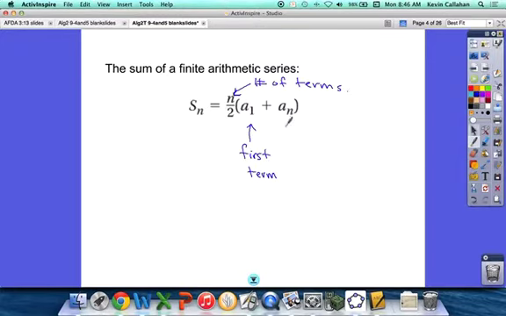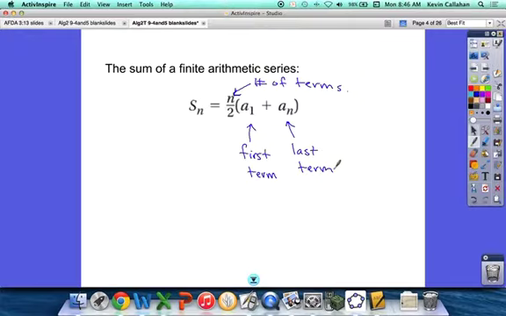So this is the first term, this is the last term, the last term in the sequence of numbers that you're adding up.